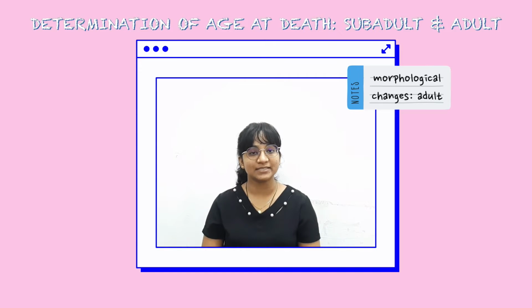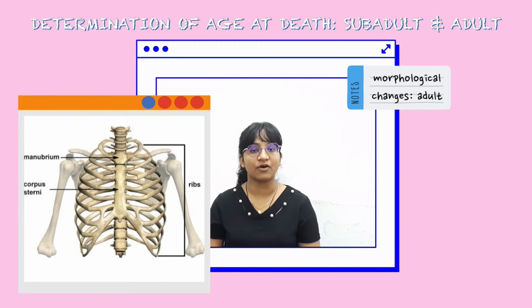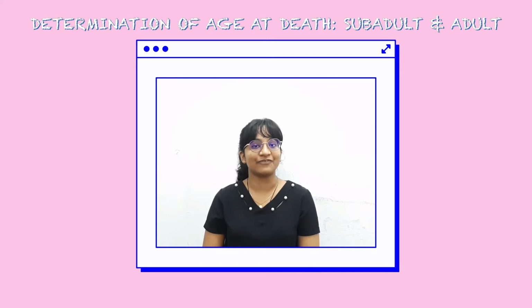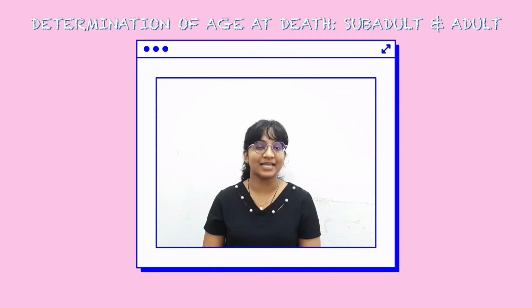We can also see changes in the sternal rib end of an adult. The rib ends are relatively flat at first, but during the aging process, the ends become ridged and the cartilage becomes pitted. So, that's all from me about determination of age at death for subadults and adults.